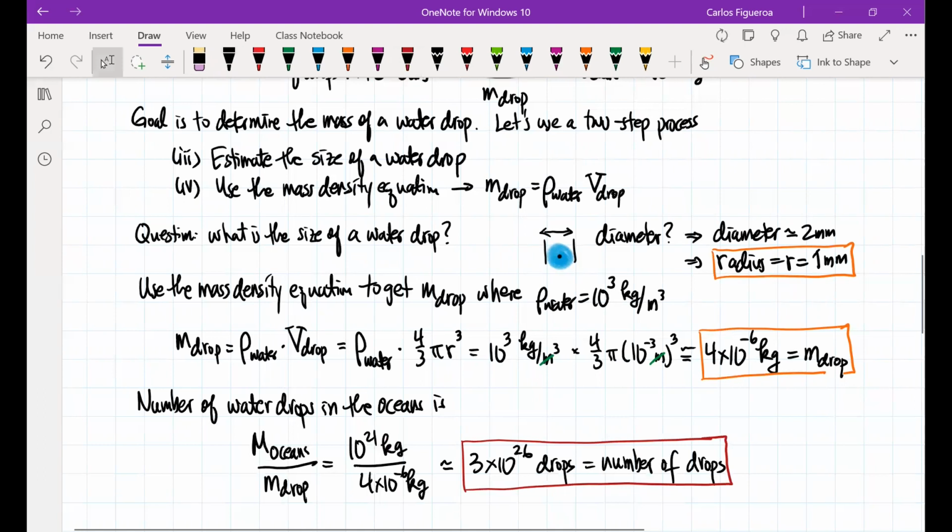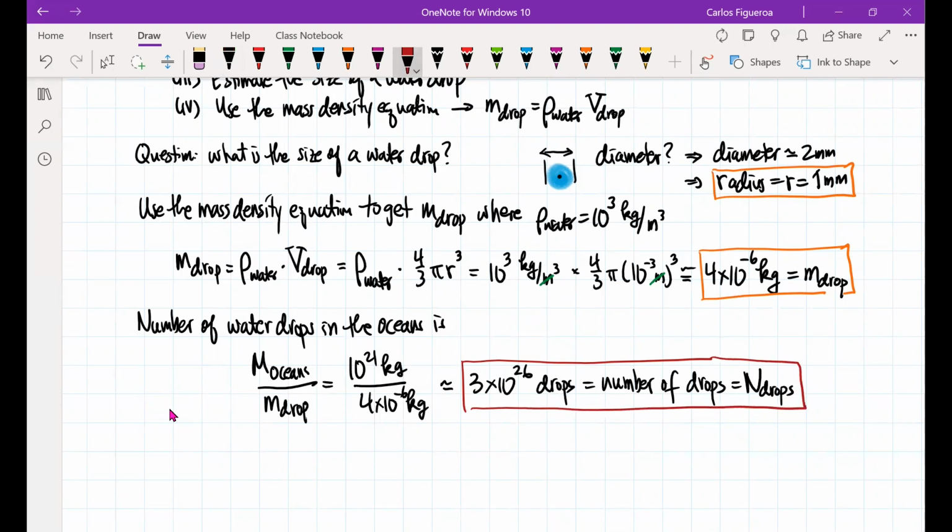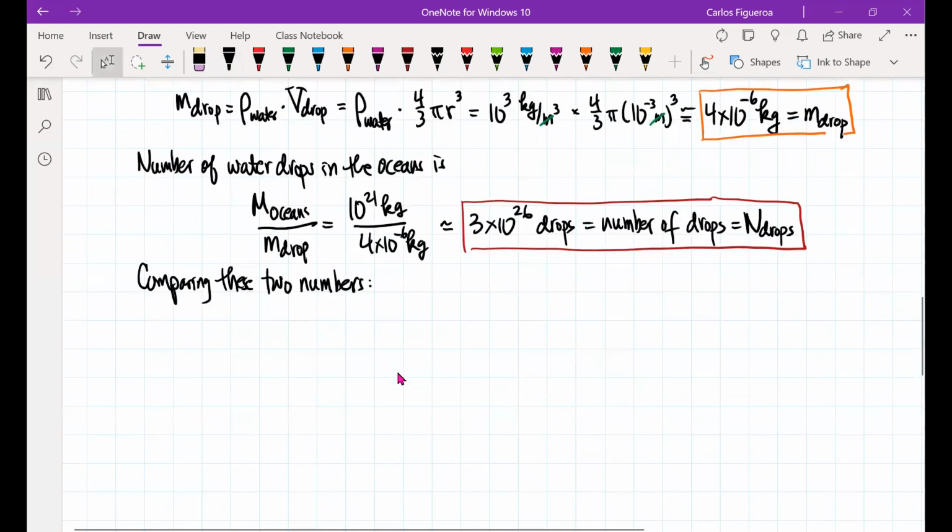Now, probably a better way to write this is n, the number of drops. That seems like a little bit more realistic language. So now, comparing these two numbers, we have the number of water molecules in Carlos's body.